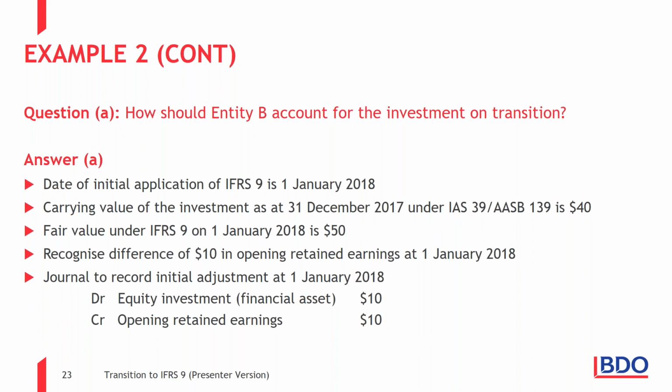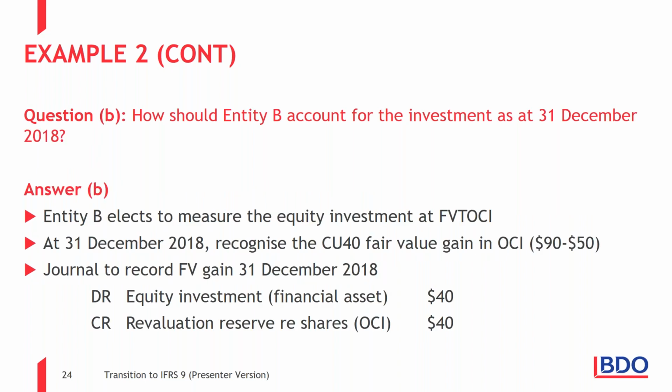Now we are carrying it at fair value through OCI. Fair value is 50. So that difference of $10 has to be recognized in opening retained earnings at 1 January 2018. So your initial adjustment on the date of initial application is debit that equity investment, the financial asset, increase it by $10, and credit opening retained earnings. All right, because we're carrying it at fair value through OCI.